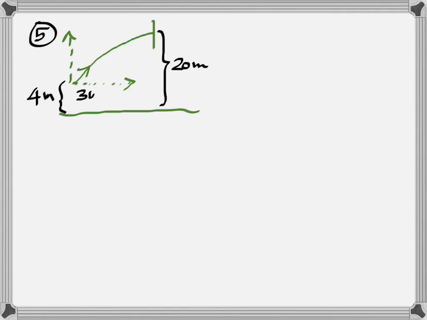In question 5, the rock is thrown from a height of 4 meter and the window is 20 meter above the ground. So the vertical displacement is 16 meter and the velocity has to be resolved into horizontal component 30 cos 40 and the vertical 30 sin 40.